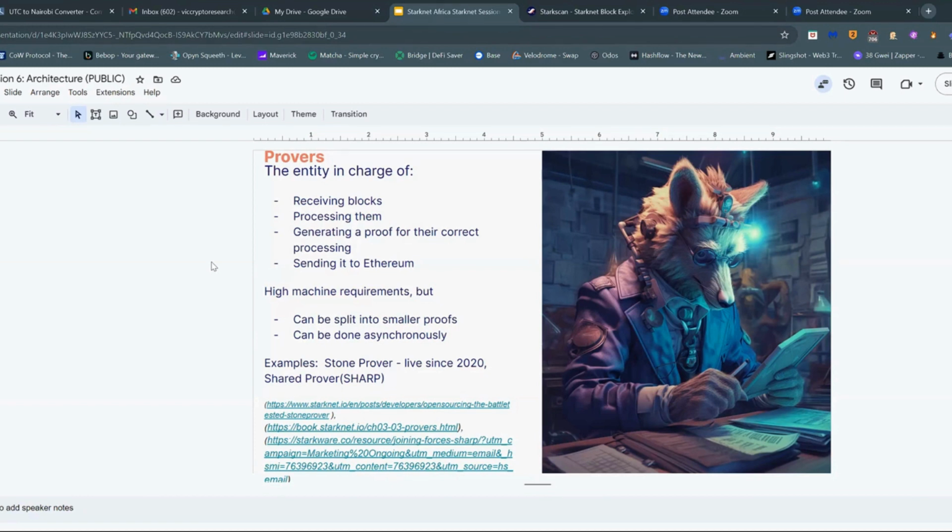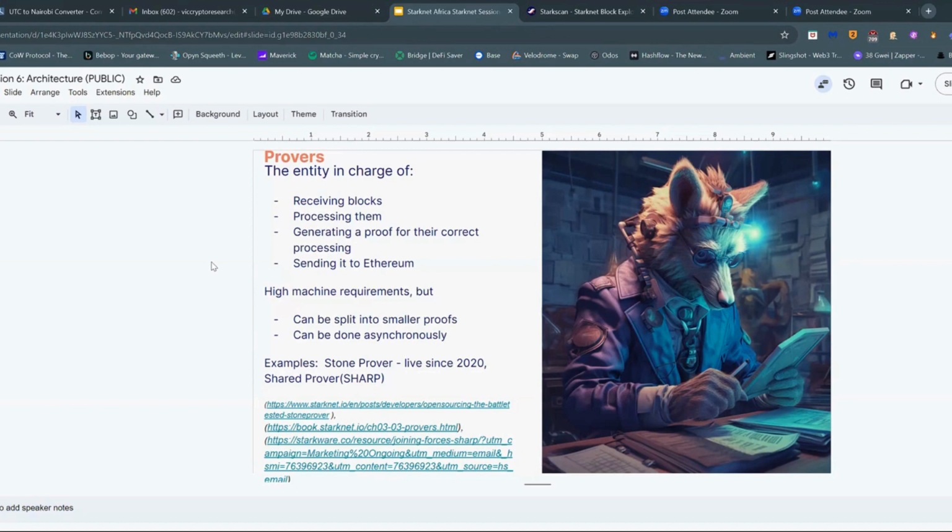And we also have another prover which is also used. It's called the shared prover. The shared prover is built on top of the Stone prover, and it allows applications written in Cairo to be proved together, sort of like ride sharing.